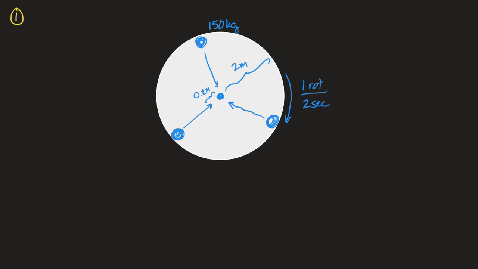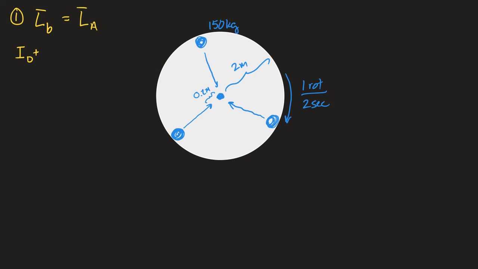First, remember the angular momentum before is going to equal the angular momentum after. So that means the moment of inertia of the disk plus the moment of inertia of the kids. There are 3 of them, and they just add.